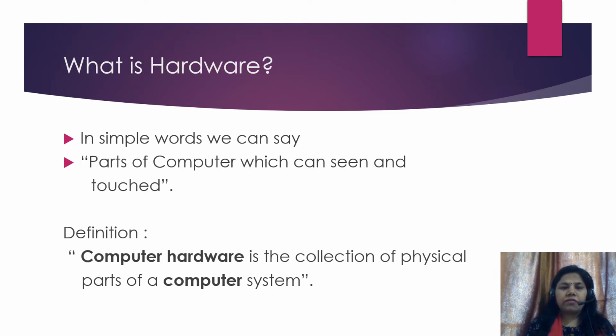So what is hardware? In simple words, we can say the parts of the computer which you can see and which you can touch. All those parts of the computer which you can see with your eyes and touch are termed as hardware. The definition of hardware is: computer hardware is a collection of the physical parts of the computer system.